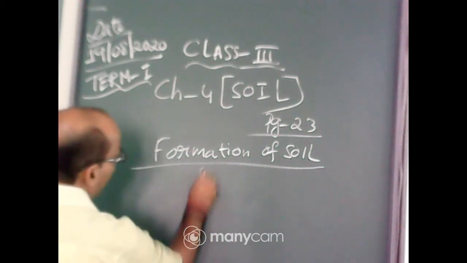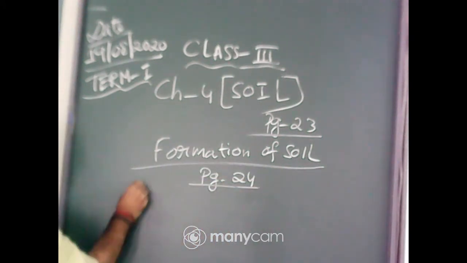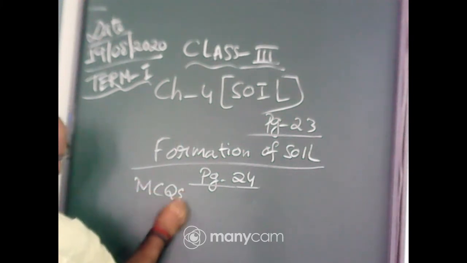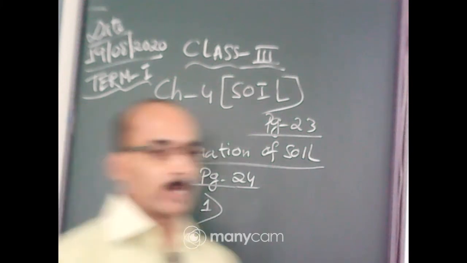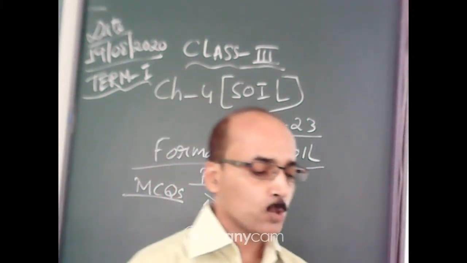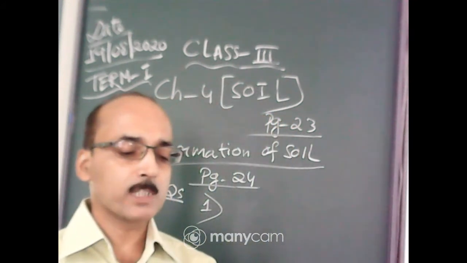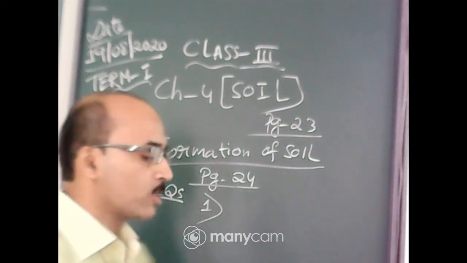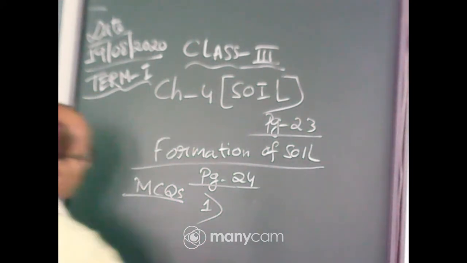Page number 24, MCQs. Number 1, you will tick mark, and where there are blanks you will fill in the word. Okay. So number 1, the uppermost layer of the earth is called water, soil, stone. What is the answer? Yes, it is soil.